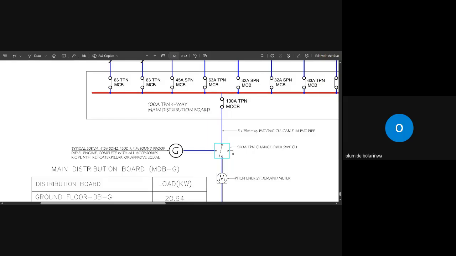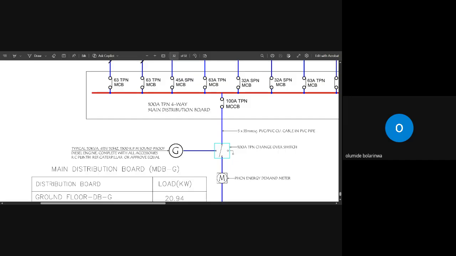What if we now say, okay, it will be beside the changeover, and at the end of the day, the person putting that project says no, it will be on the floor? You know that we are already short of cable. Are you there? Yes, sir.